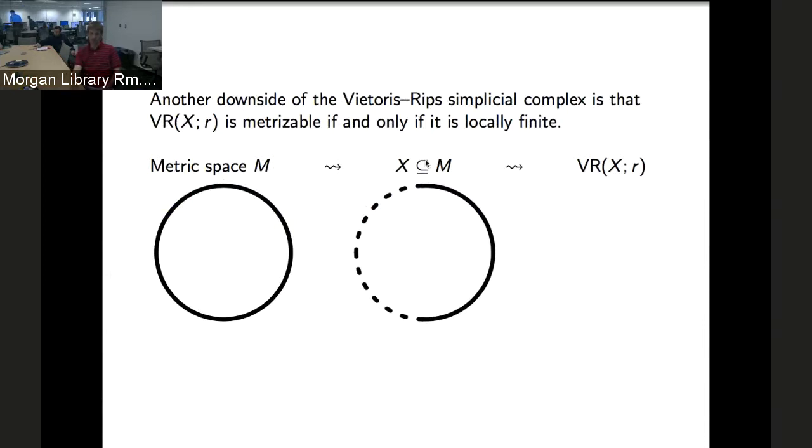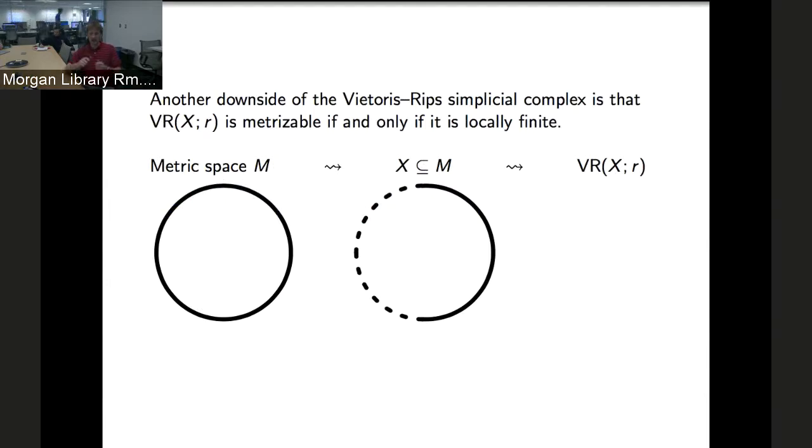Here, if you build a Rips complex on top of an infinite set, you'll often have a vertex that's contained in an infinite number of simplices. So we'll start with a metric space, and then we produce this Rips simplicial complex that's often not metrizable. So we sort of left the category where we want it to be.